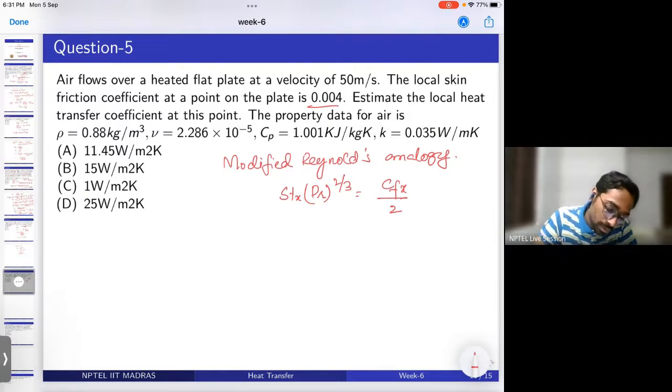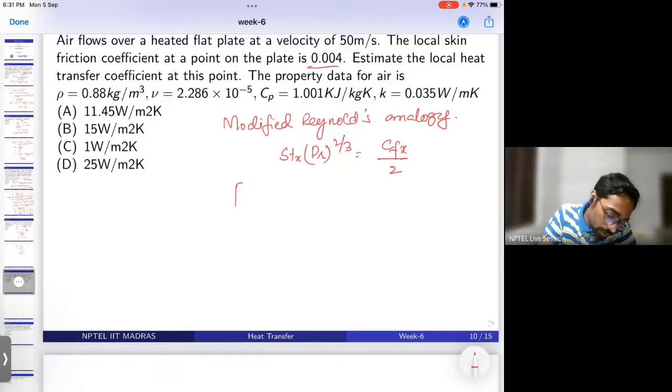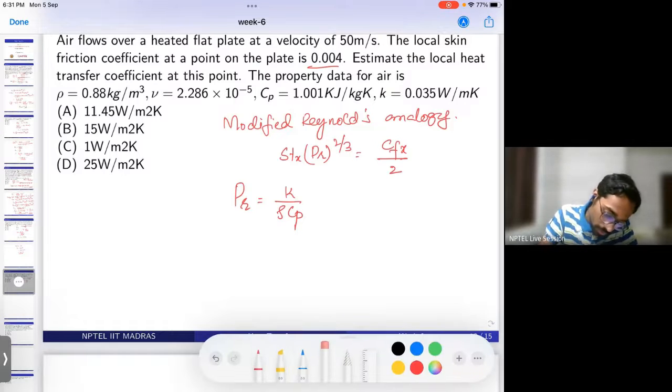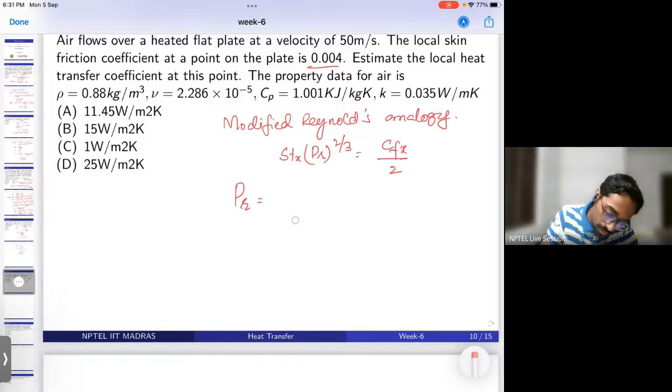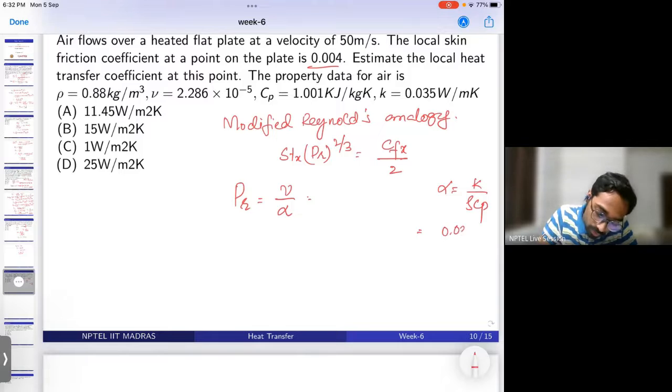For that we first need to calculate the Prandtl number, Pr, which is mu by alpha, where alpha is equal to K divided by rho Cp. K is given as 0.035, density is given as 0.88, and Cp is given.